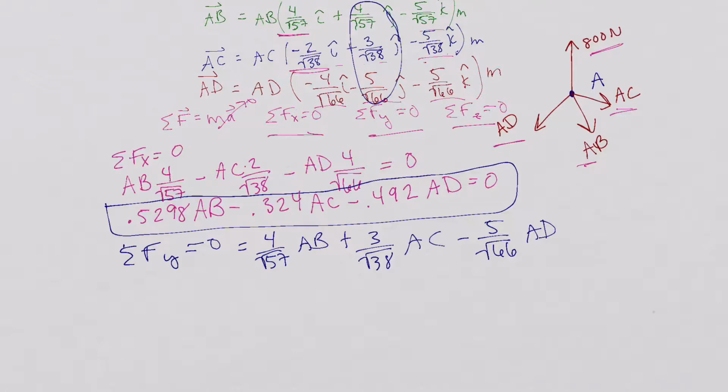And then that 800 Newton force is only in the z direction, so those equal 0. I'm going to go ahead and multiply those out. So 4 over the square root of 57 is 0.5298. Let's see. I'm going to write it over here.